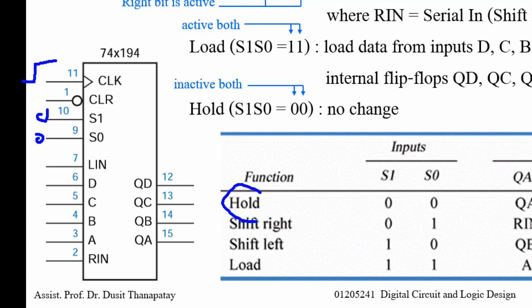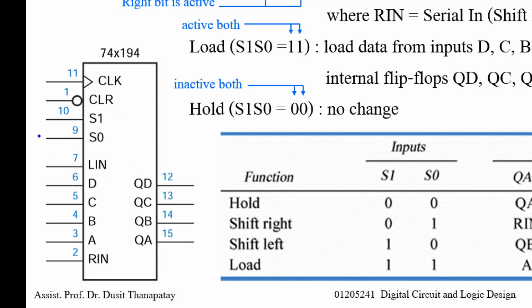It's hold mode. But if S1 is active, we apply 1 here, 0 here, so you will use L-in as the input. Feed from top to bottom: QD to QC, QC to QB, QB to QA.